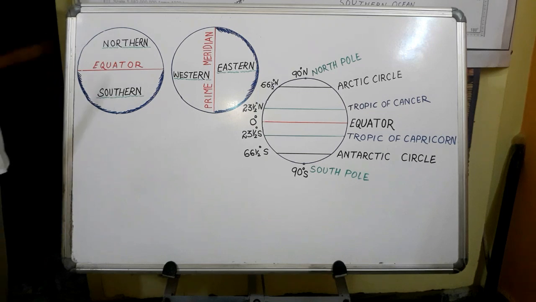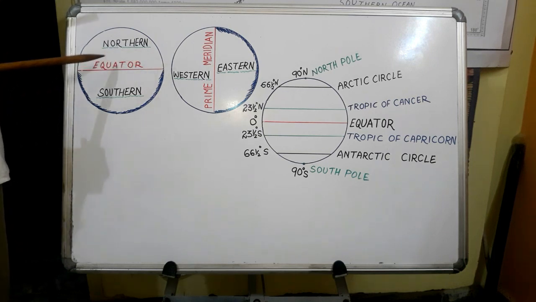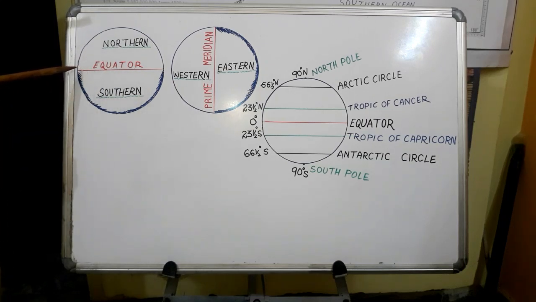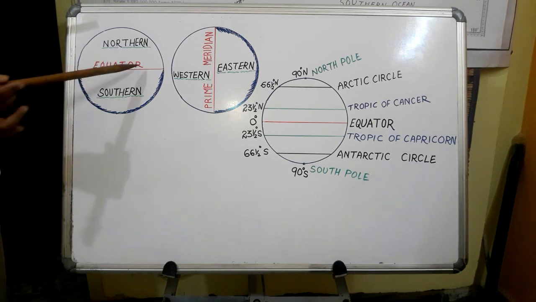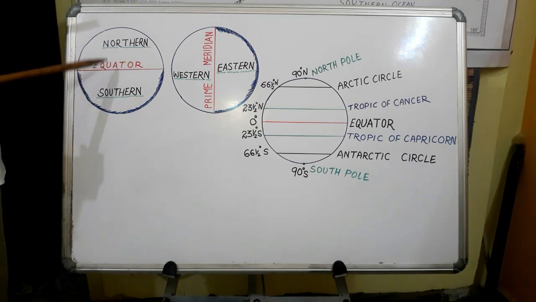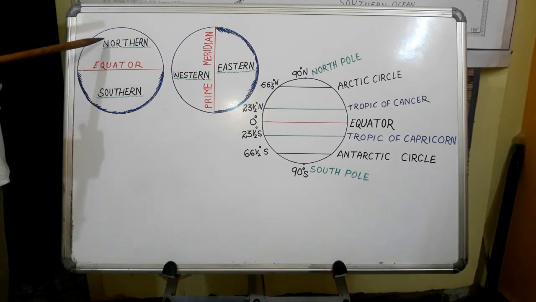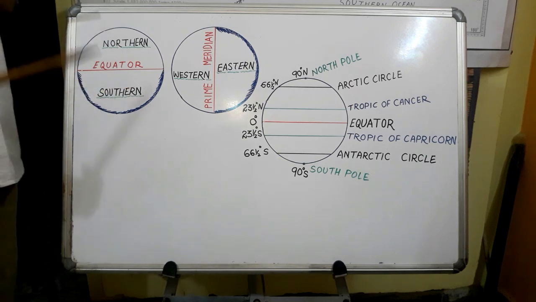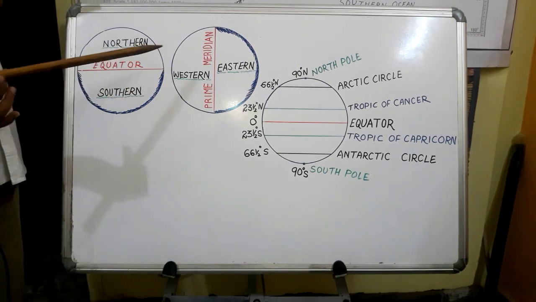The lines which are horizontal and parallel to each other are actually circles drawn on the globe. These imaginary lines are referred to as the latitudes, and the longest latitude is the equator. The upper half is the northern hemisphere, and the southern half is the southern hemisphere. Okay, now let's move to the next one.